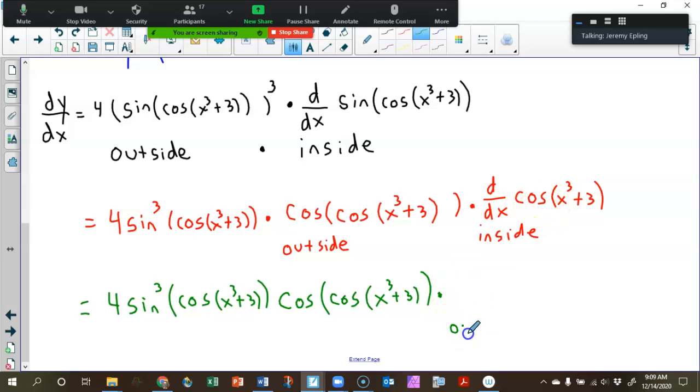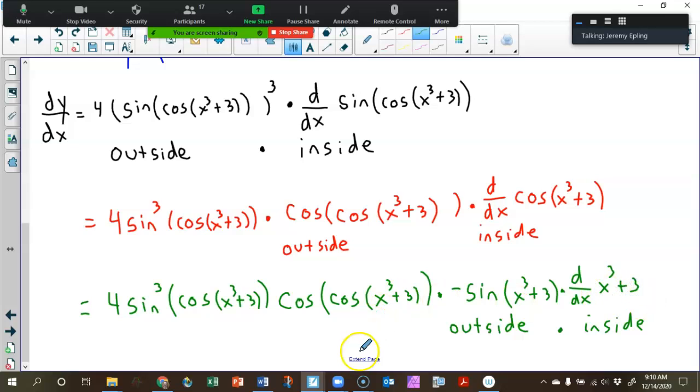We're going to start on the outside. So the derivative of cosine, that's negative sine, evaluated at our inside piece, times the derivative of the inside. So the derivative of x cubed plus 3.